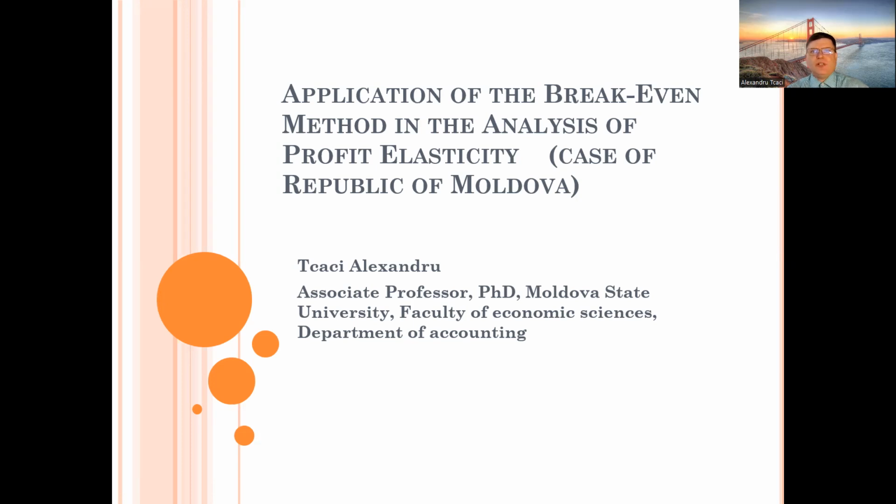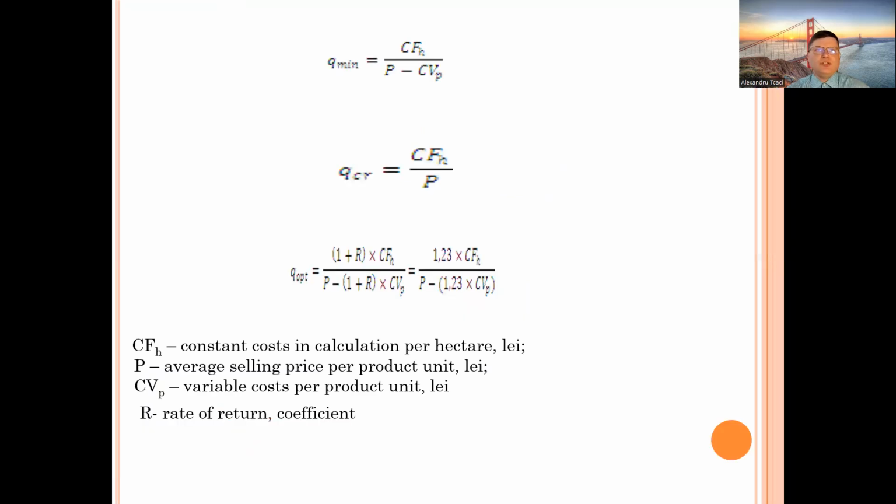Based on this, we consider that the break-even point for agricultural enterprises should be determined according to the minimum yield expressed in natural units. Along with the minimum productivity, we consider it appropriate to determine critical productivity, optimal productivity, and maximum productivity.